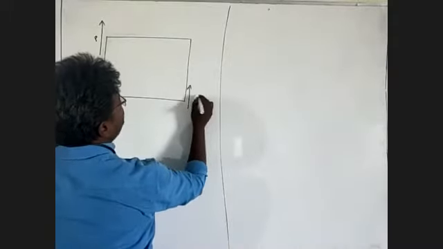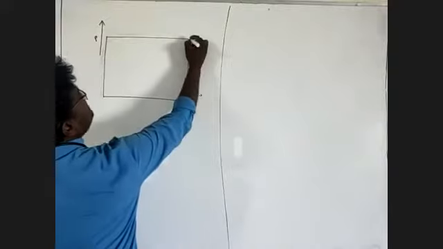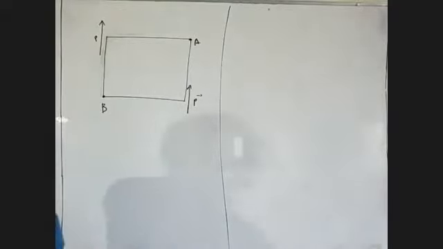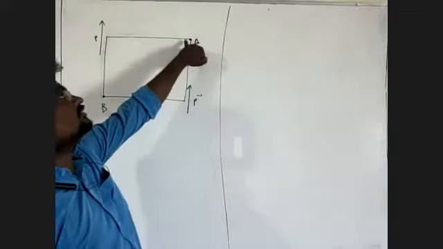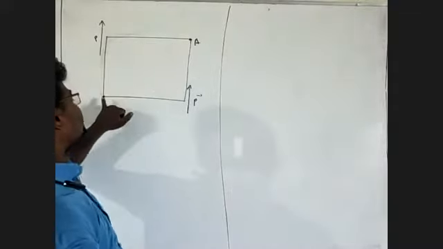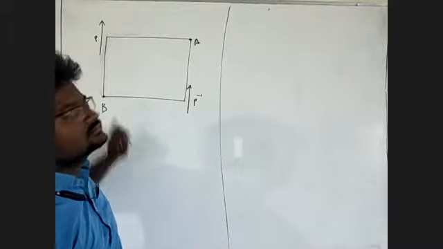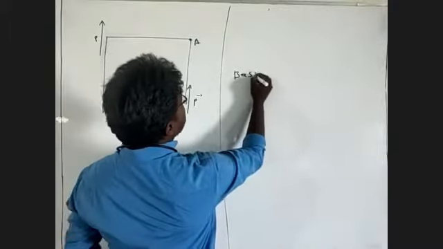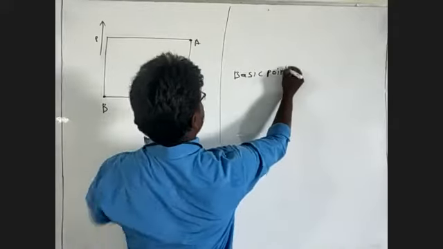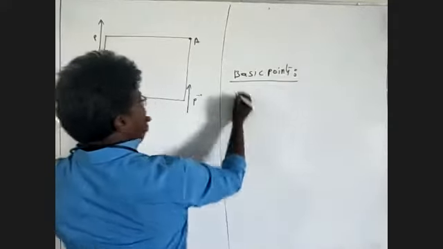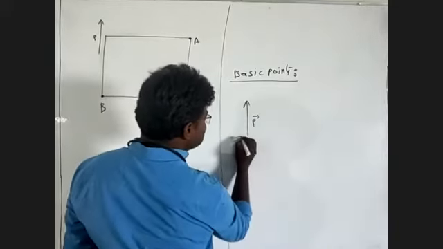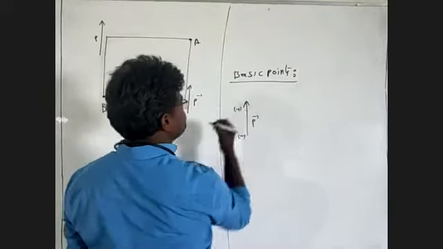Now this is point A and this is point B. We have to calculate the electric field at this point, and again at this point. This is what we call a basic point. P bar means this is the negative charge and this is the positive charge.